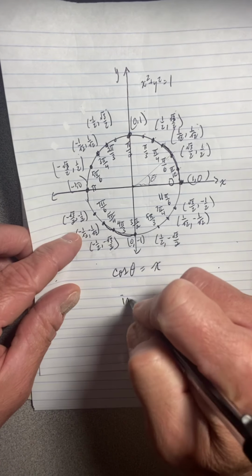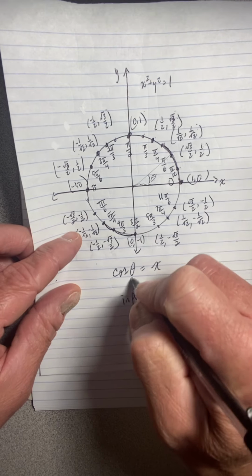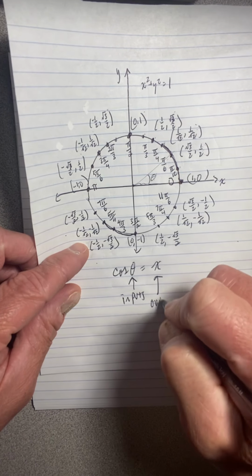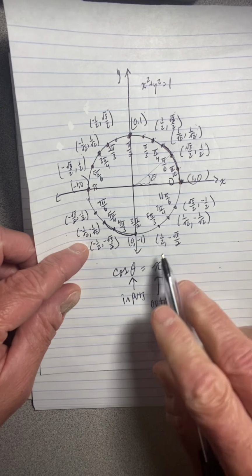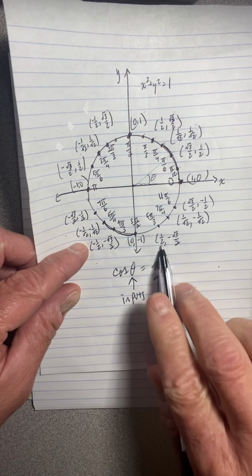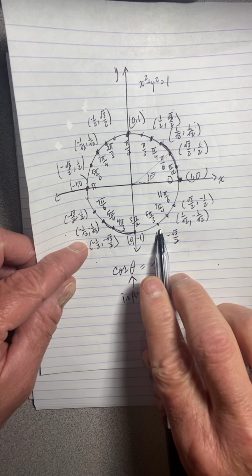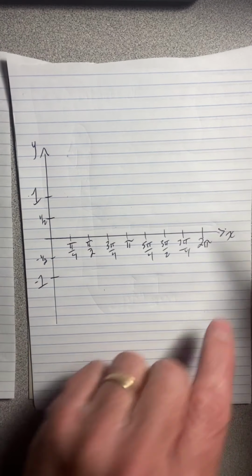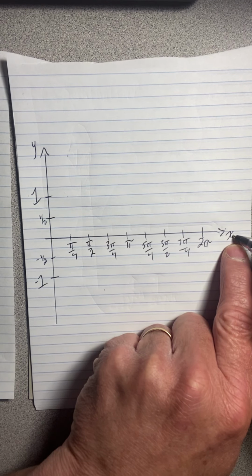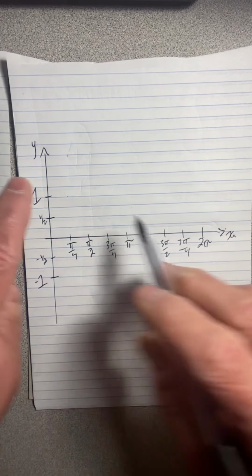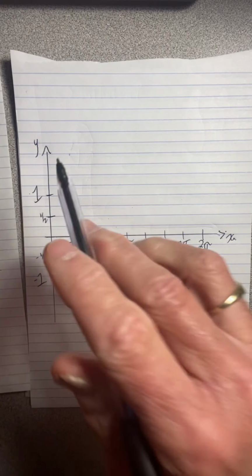Now notice here is a confusing point. The inputs for cosine are angle measures, and the outputs are the x coordinate where that angle intersects the circle. But in a Cartesian plane, we let x represent inputs. So this is representing the angle measurements, and we let y represent the outputs.